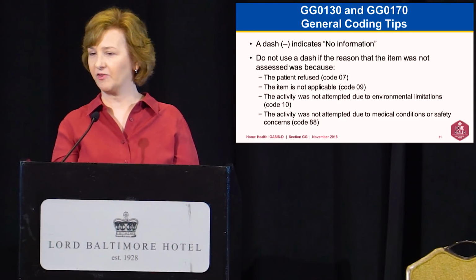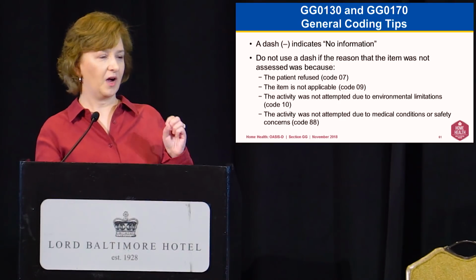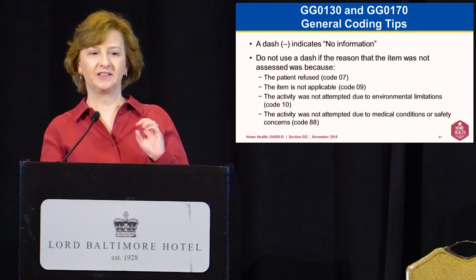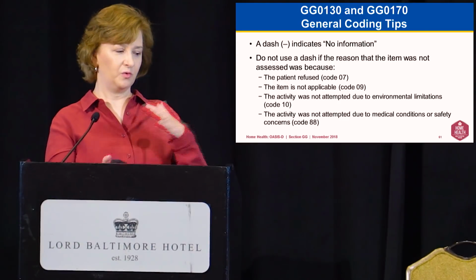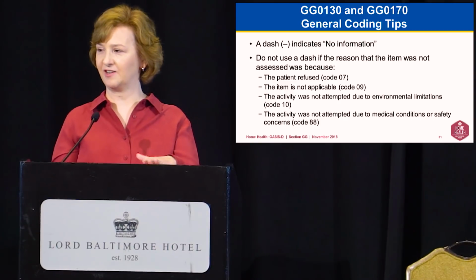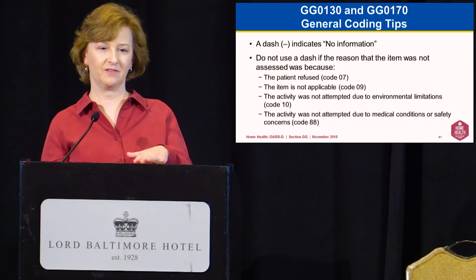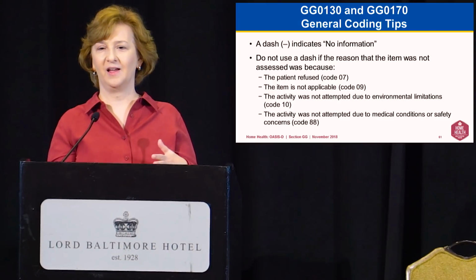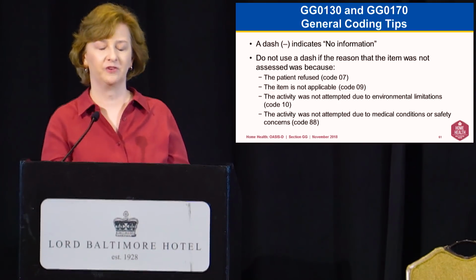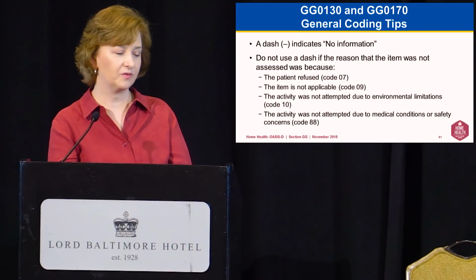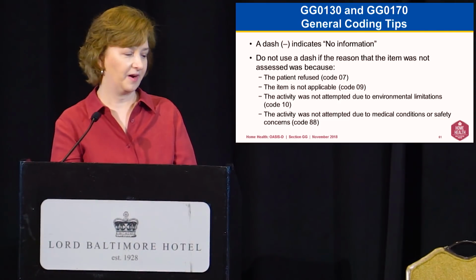It indicates that no information is available. So I just wanted to be sure that if an activity doesn't occur, that you code the activity not attempted codes. Don't default to a dash, because CMS does look at that information, and we would like to know why the person was not able to perform the activity. So again, the activity not attempted codes are appropriate.